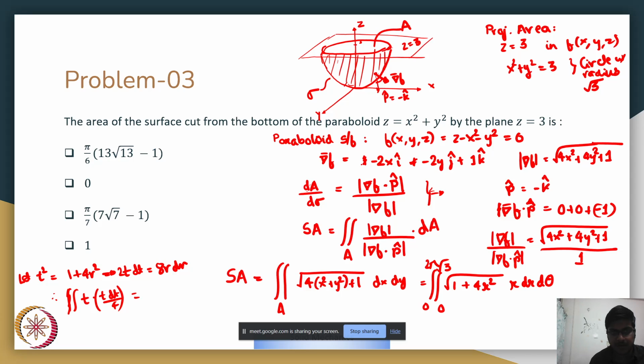is equal to t cube by 12 plus c, and this will be limited by the values of t.